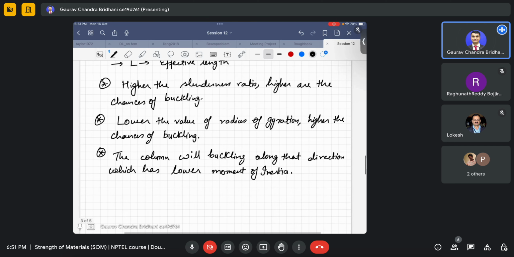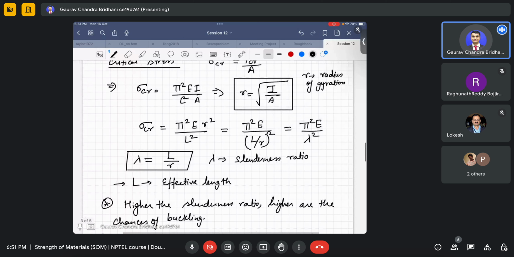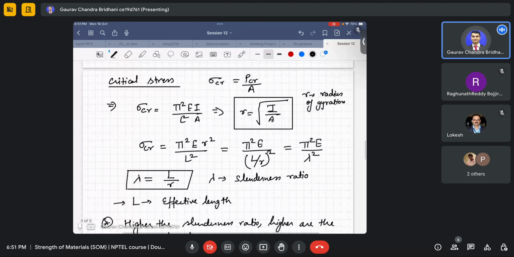Okay, so this is something which is very effective while addressing problems of buckling, and sometimes it is very important also because in the exam you may be given a few figures: one circular cross section, one square cross section, one rectangular cross section, one triangular cross section.